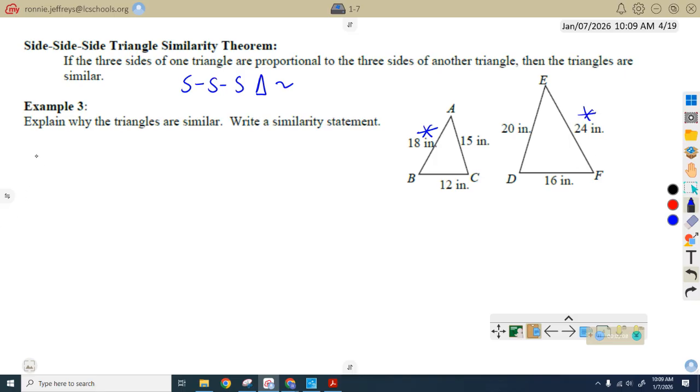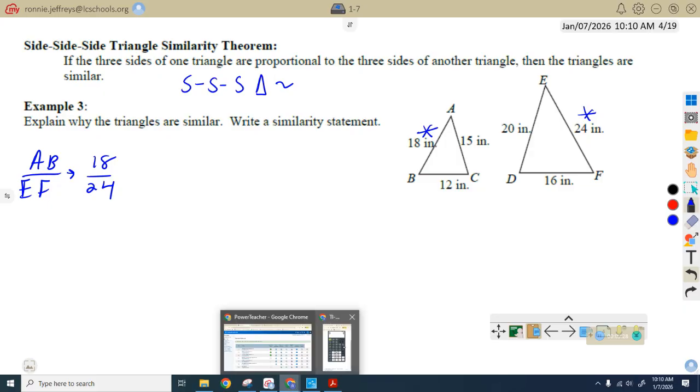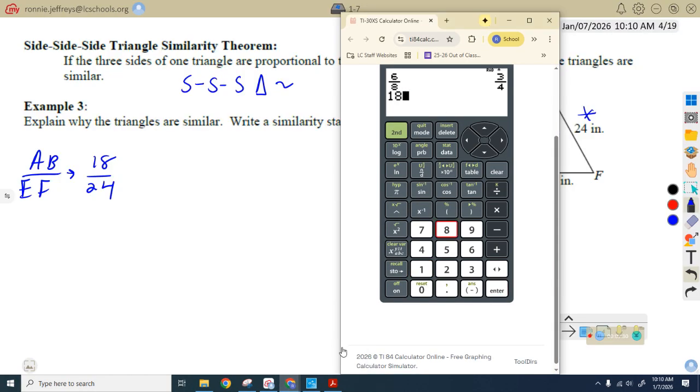This one actually goes with this. Okay, so we're going to look at this. We're going to say AB over EF, well, 18 over 24.